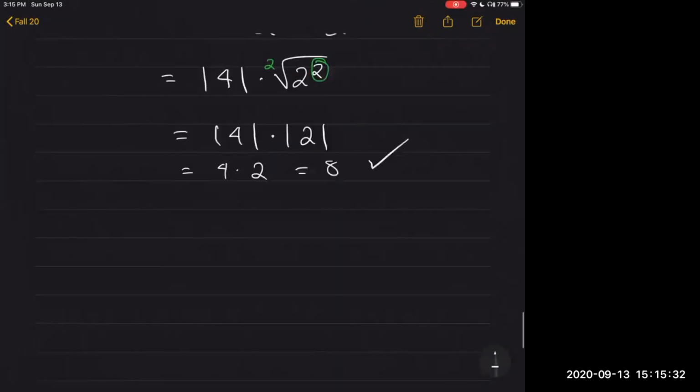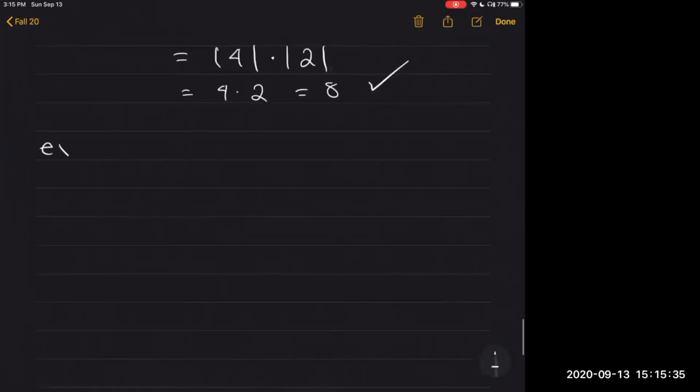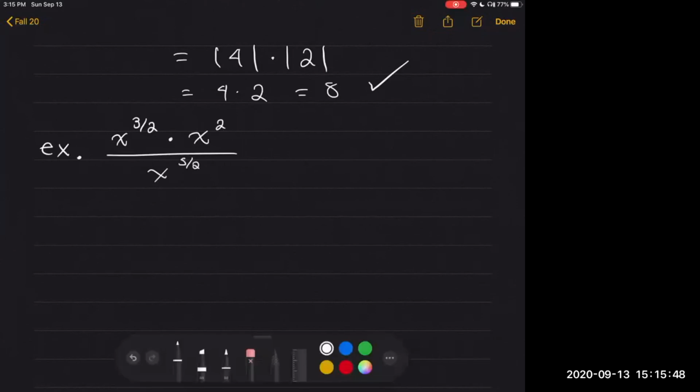Cool. Let's see if we can do a more complicated example. Let's do x to the 3/2 times x squared all over x to the 5/2. Now, usually I don't like negative powers, but in this case, I'm going to take this guy and move him up there.